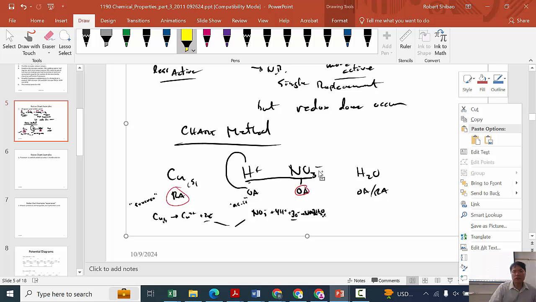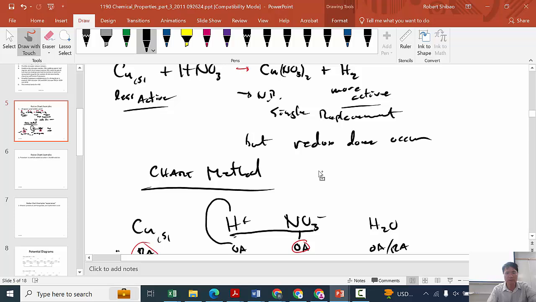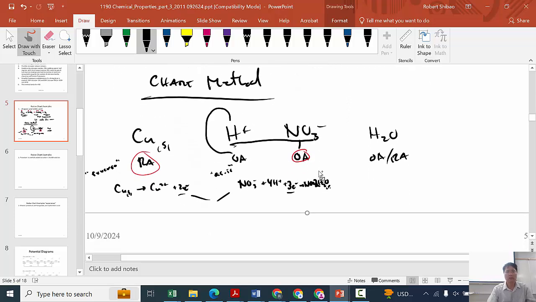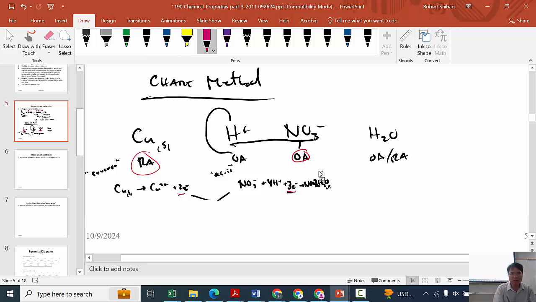And so let me finish this slide since it looks like I didn't finish it. I thought I finished this one. And so we're going to add these two up. I'm going to cross multiply here. So I have 3 electrons here, 2 electrons here. So I'm going to multiply this one by 3, and then I'm going to multiply this one by 2. Let me make this more legible.